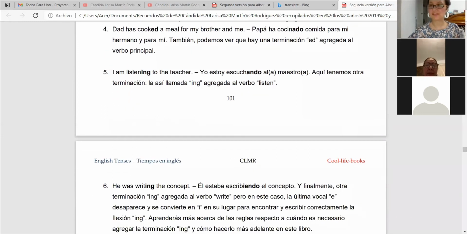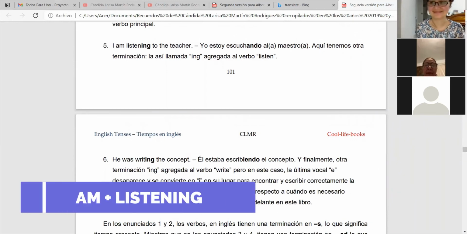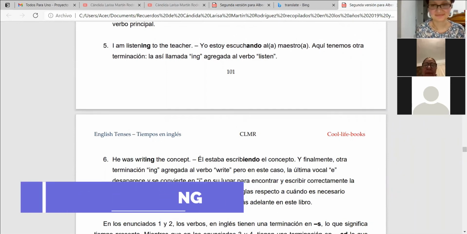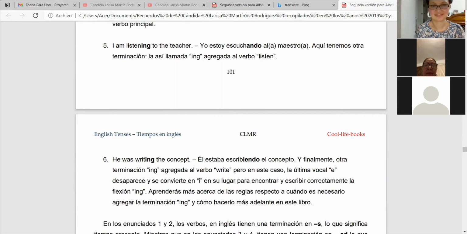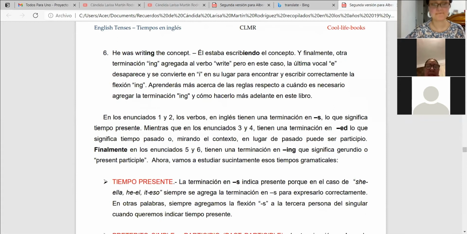Number 5, Miguel. I am listening to the teacher. Estoy escuchando a la maestra o maestro. And here we have another ending, a different one, the one that is known as ing. It's added to the verb listen.